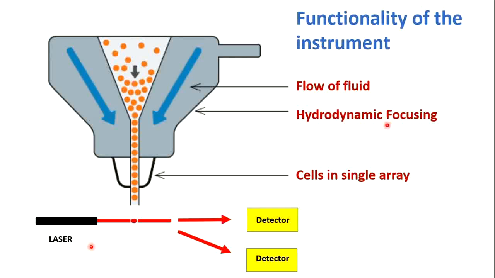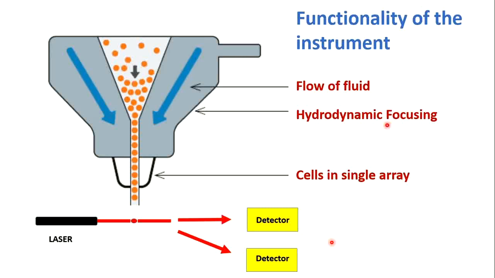Laser is also producing some kind of light, some kind of energy in terms of h nu or hc by lambda, in terms of frequency or wavelength. If a cell is exposed to laser light, then obviously it will interact with the wavelength of light, and those interactions are measured by whom? The detectors which are present in the instrument.